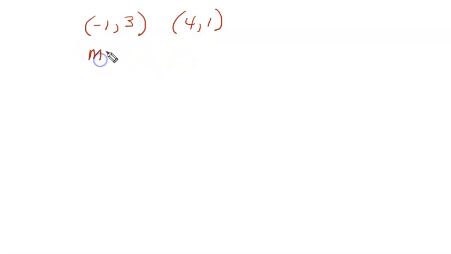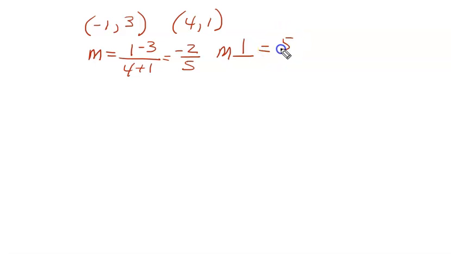So m equals 1 minus 3 over 4 minus a -1, which makes this a +1. So this is going to be -2 over 5. So this would be the slope of a parallel line. So the slope of a line that's perpendicular to that would be the opposite sign reciprocal, that is 5/2.